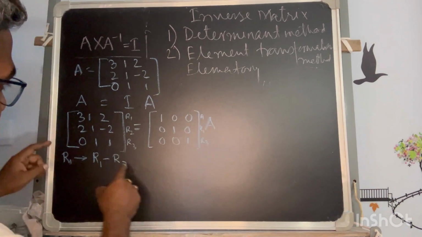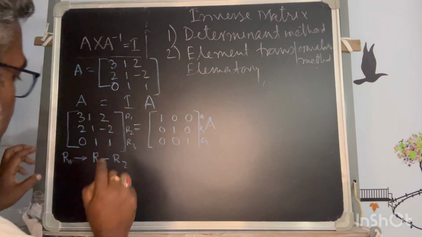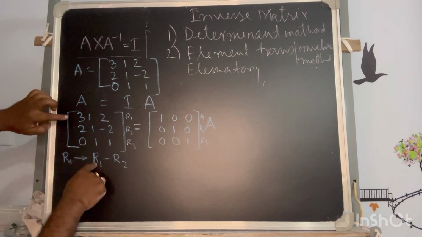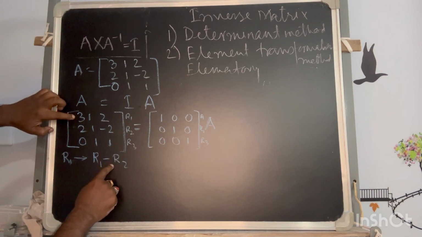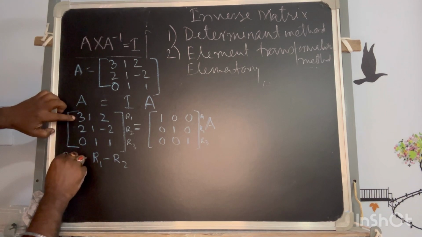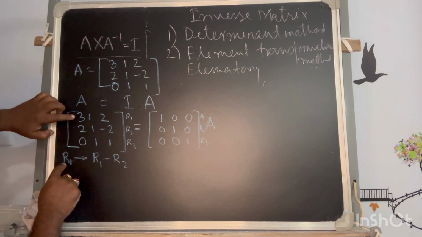Whatever operation I do here, I have to continue there, then only will it go right. Row 1 is this one, I am deducting R2, and the result will be placed in row 1. This is very significant; you have to write it like that.